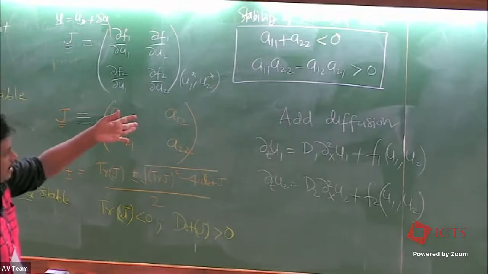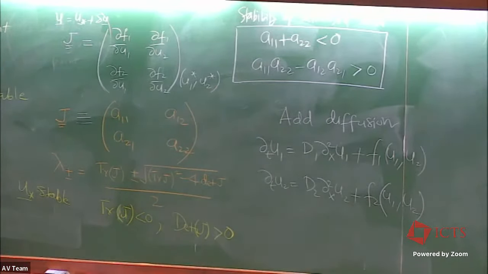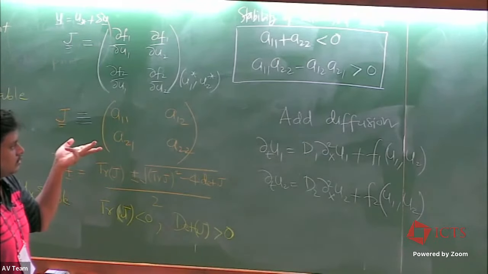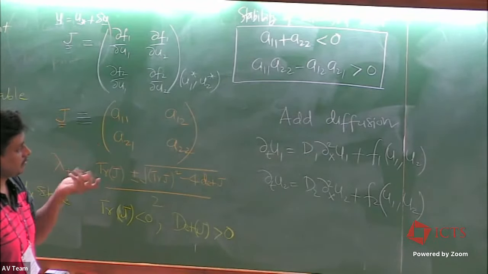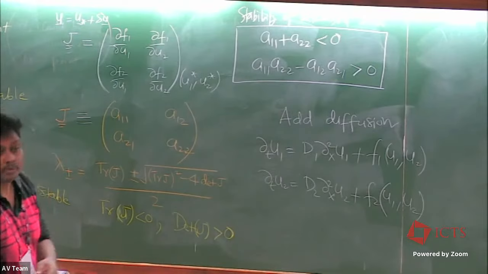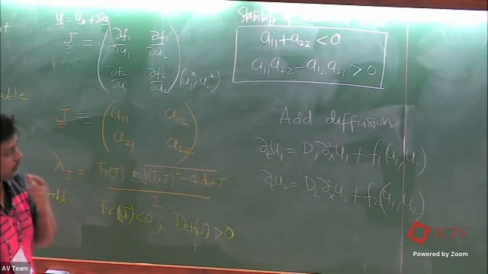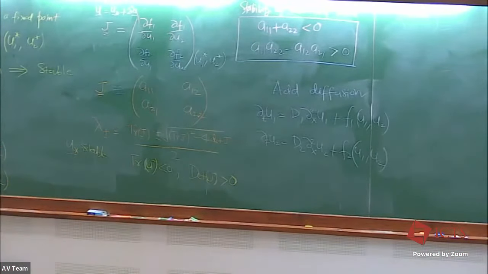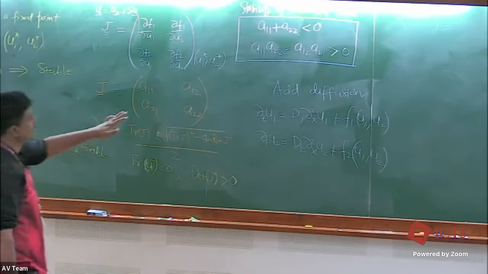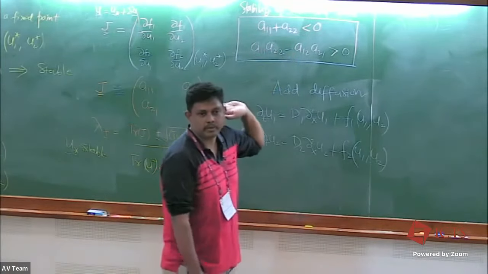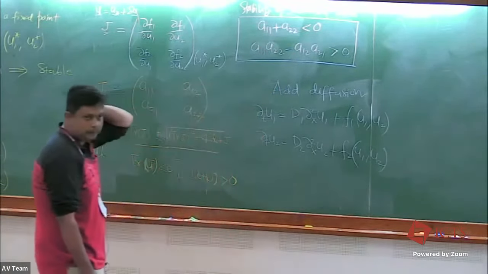That means if I did not have diffusion, this state is a stable state. Question: by adding diffusion, can I say something about the coefficients such that this state becomes unstable to inhomogeneous perturbations, perturbations with a non-zero Q? And so therefore, you can start developing a pattern with a non-zero Q. Remember, the sign of A11, A22 is not fixed. What is fixed is this relationship between these numbers. Agree?